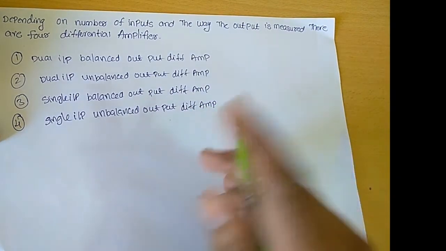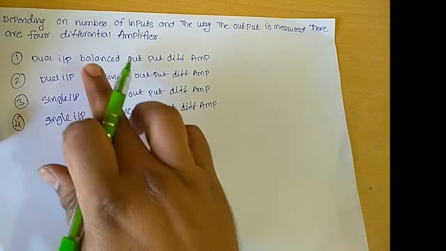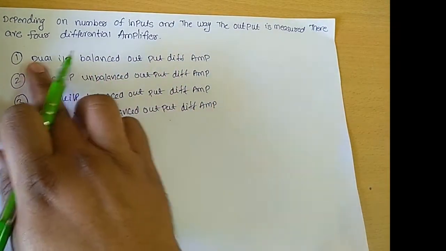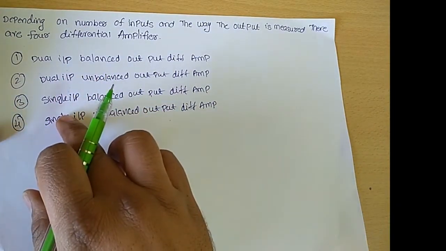So first we need to understand what is the balanced output, what is the unbalanced output, what is the dual input, what is the single input.